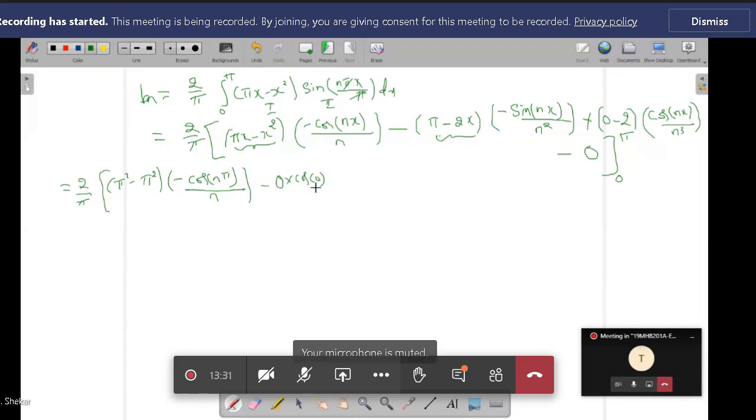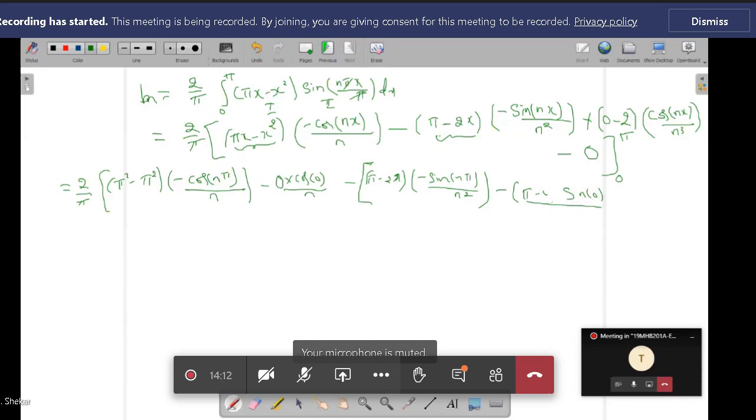So this is for the first term, whole divided by n, minus, now when you put the upper limit, I'll take minus outside, pi minus 2x, sorry 2 pi, that is, so x is pi into negative, minus sine n pi divided by n square, minus, when you put the lower limit, this is pi minus 0 into sine 0, so sine 0 is 0.